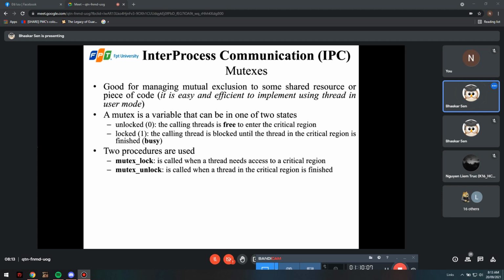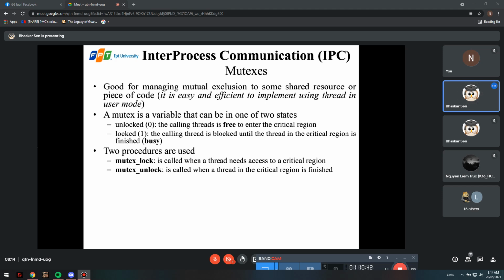And the way we achieve this implementation is by using a variable called semaphore, which has 3 states. Semaphore up is basically wake up. Semaphore down is basically sleep, and a lock. And the state of the lock can be either locked or unlocked.